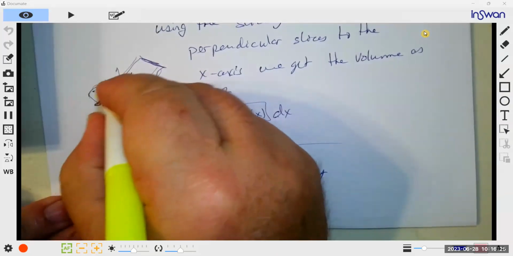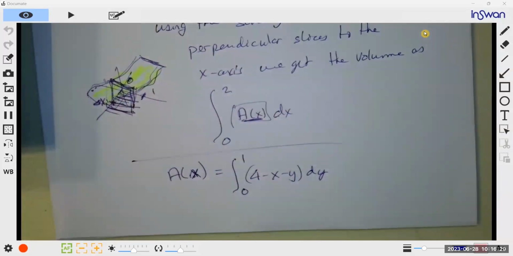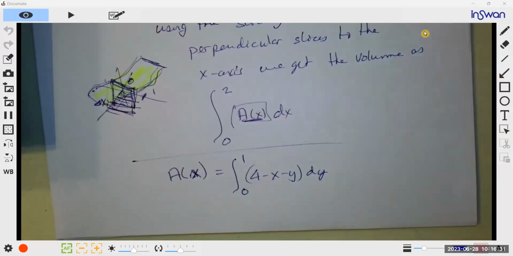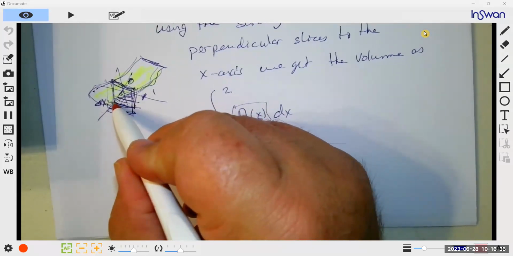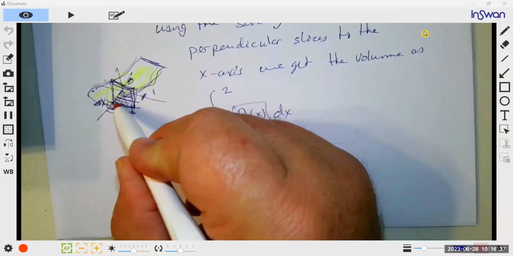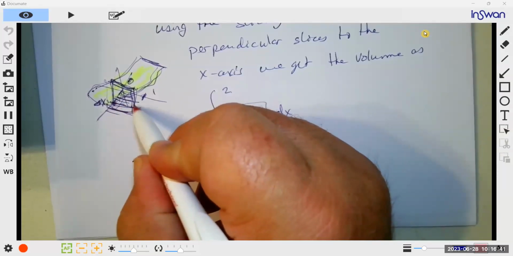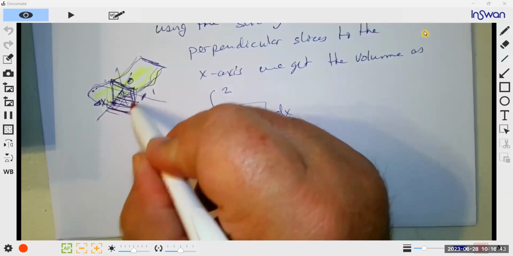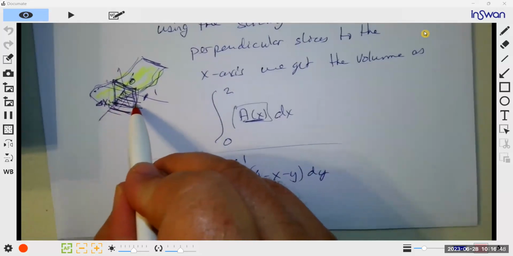Because here is our curve. And we pick a location for x with our delta x size. And then we know the y goes from 0 to 1. So this gives us the area of this rectangle.